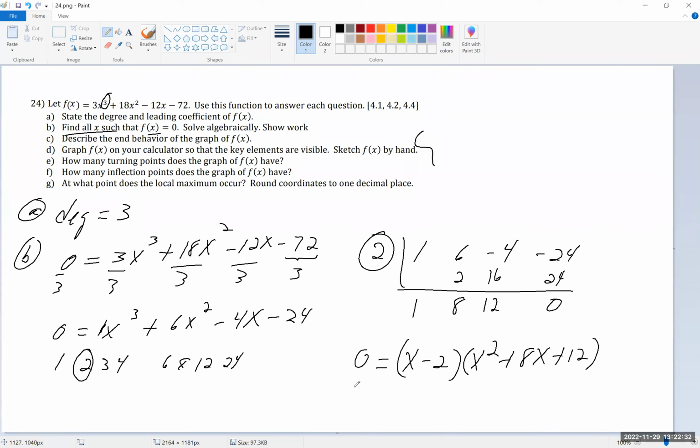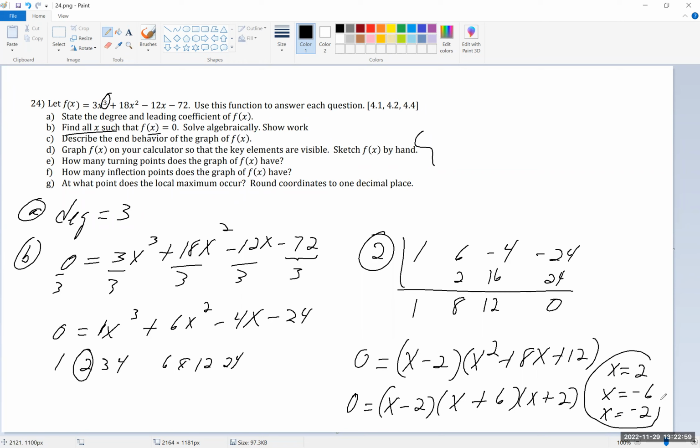And then let's go one more step and factor this, it's going to be x plus 6, x plus 2. And so from here, I should be able to identify some zeros. 2, minus 6, and minus 2.